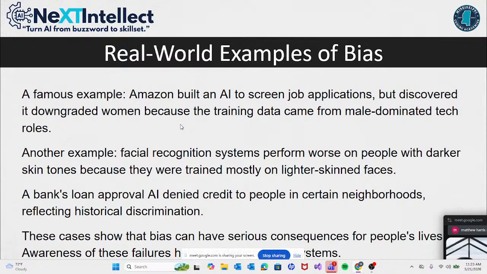Another example, facial recognition systems perform worse on people with darker skin tones because they were trained mostly on lighter skinned faces. And that's happened in a bunch of instances, like in the study we saw previously with facial recognition.